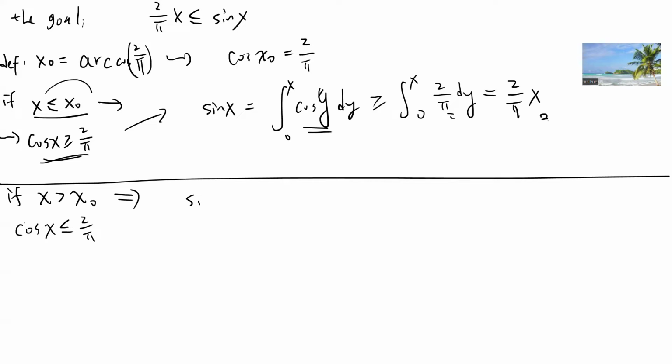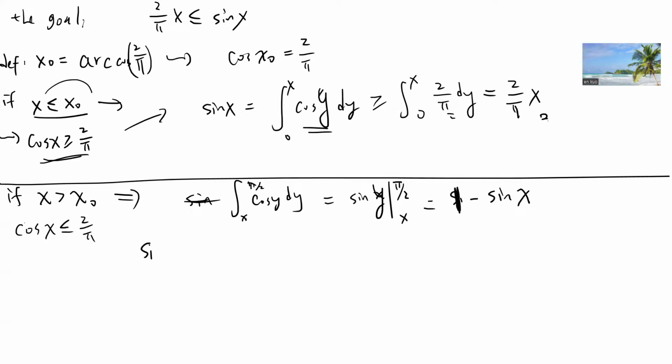If I do the integral of cosine y from x to pi over 2, then I will get sine of pi over 2 minus sine x, so this is 1 minus sine x. So I can write sine x equals 1 minus the integral from x to pi over 2 of cosine y dy.